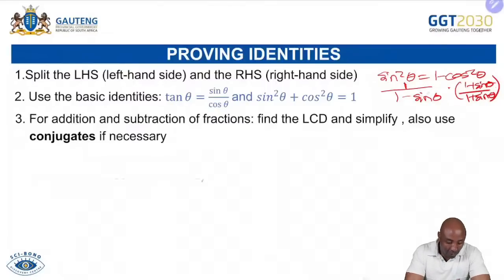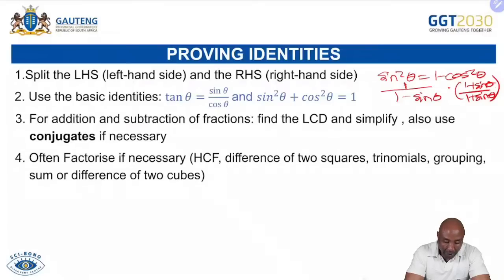And then we should also be able to factorize. If necessary, we use the highest common factor, the difference of two squares. We should know how to factorize trinomials by grouping, as well as a difference or sum of cubes. We should be able to do those.